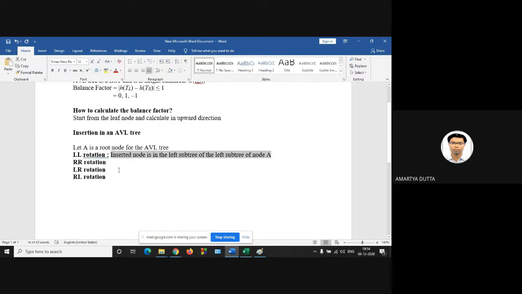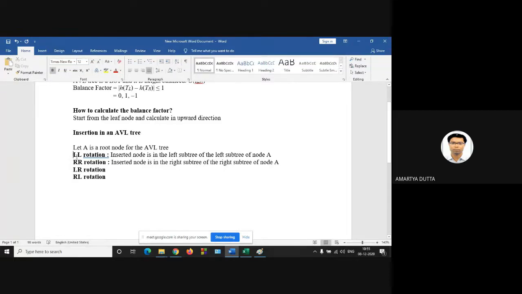Similarly, RR rotation means the inserted node is in the right subtree of the right subtree of node A. Okay.